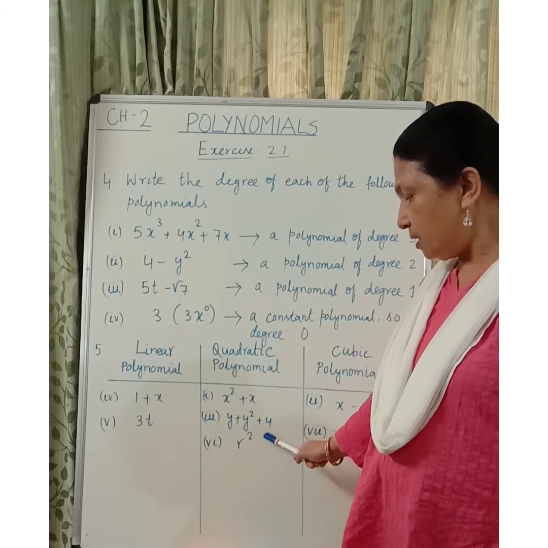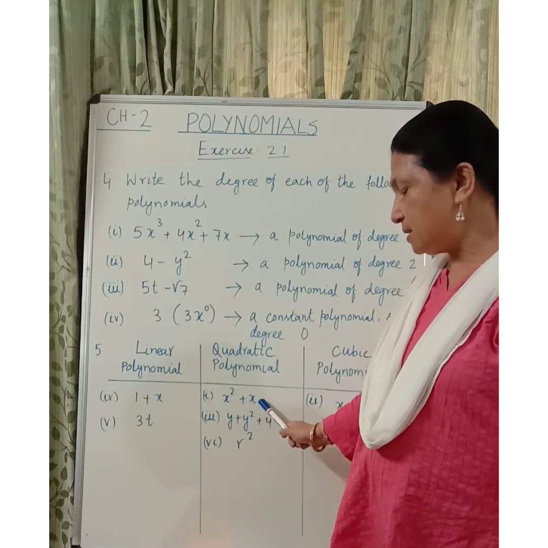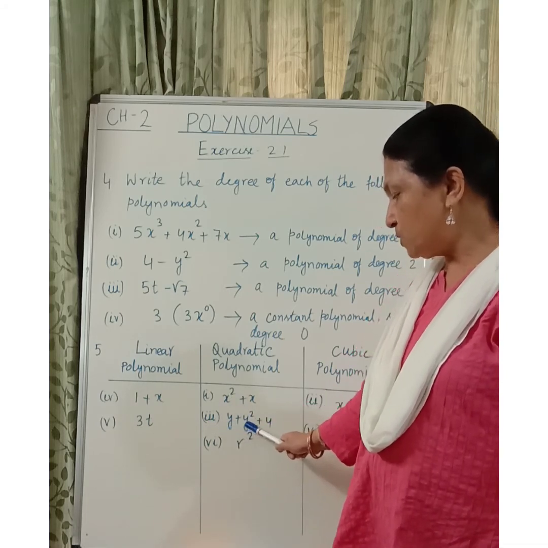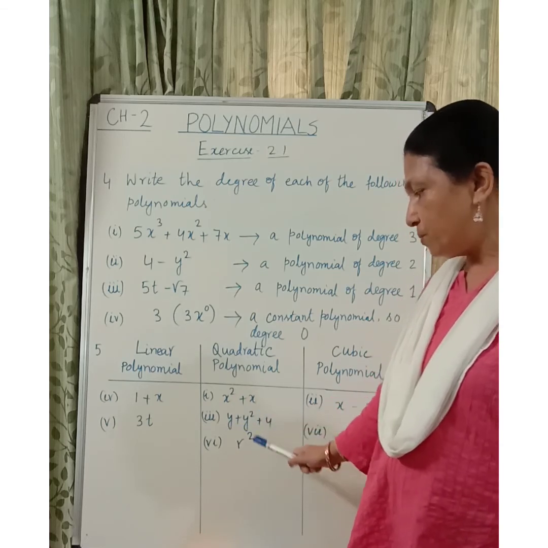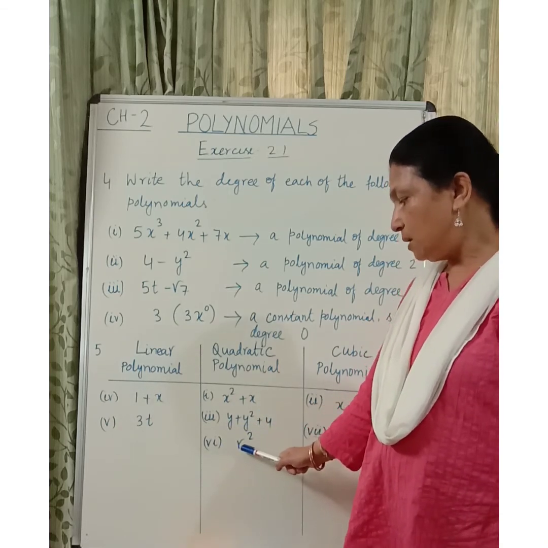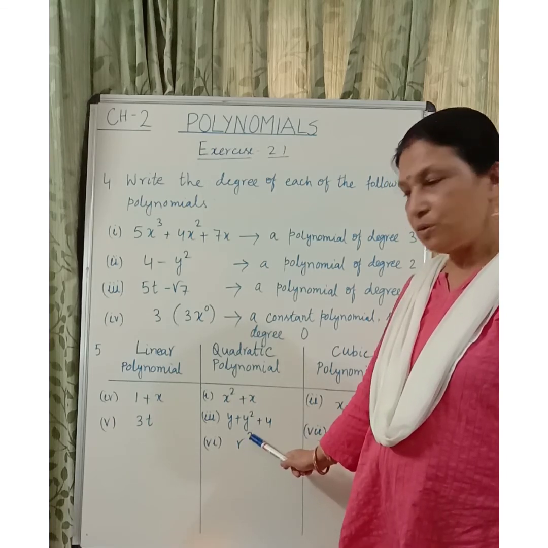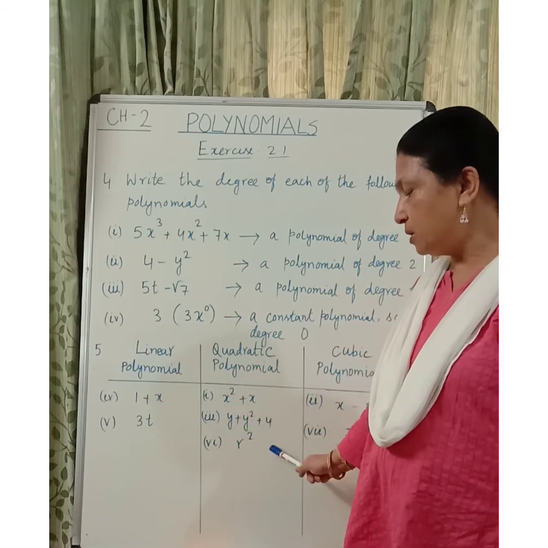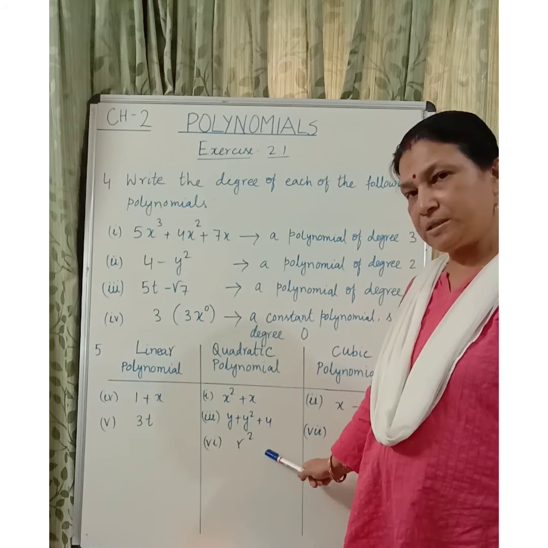In these 3 questions, the first one, x square plus x, the highest degree is 2. Third, y plus y square plus 4, highest degree of this polynomial is 2. And sixth part, r square, here also the degree of the polynomial is 2. So these 3 are the degree of the polynomial is 2, so we say they are the quadratic polynomials.